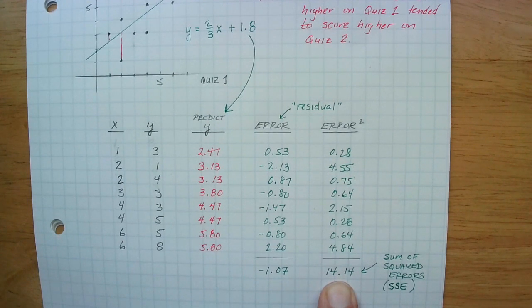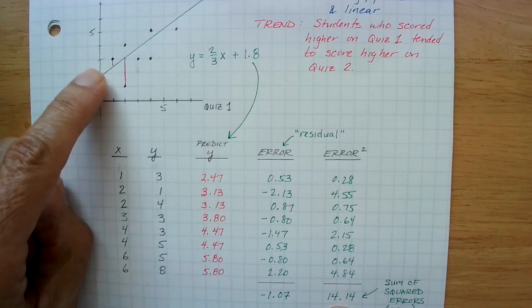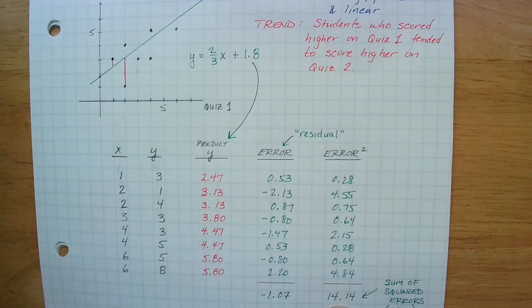So what I'm going to ask each of you to do is take out some paper and make this graph right here, these 8 dots, and then try to draw a line of best fit through those dots, and then go through and do this testing to see what your SSE is.